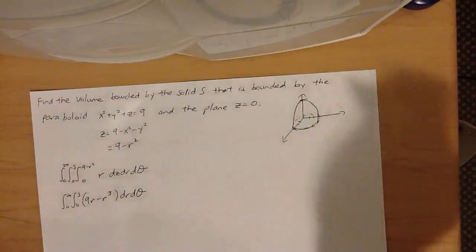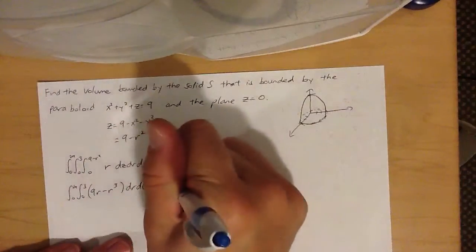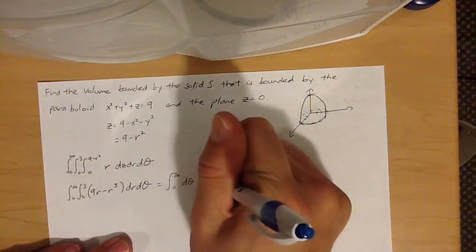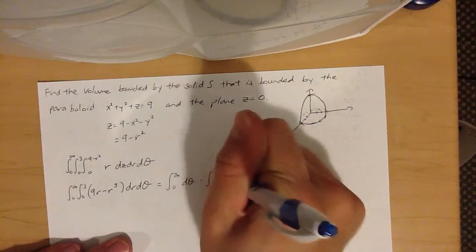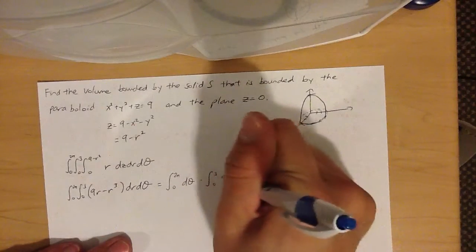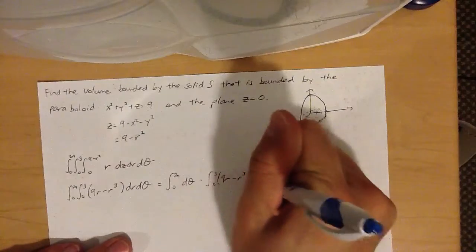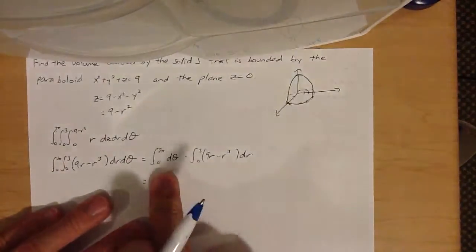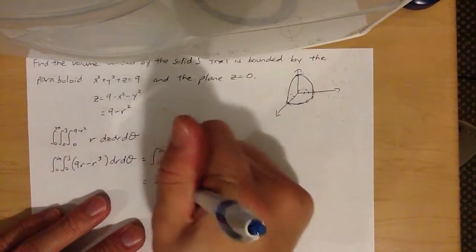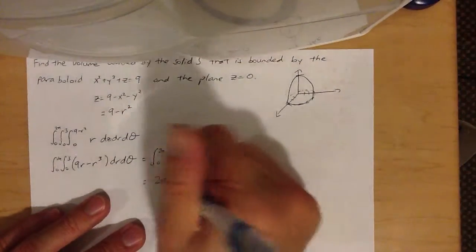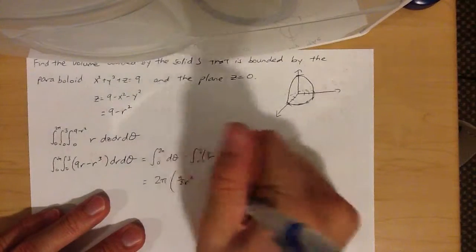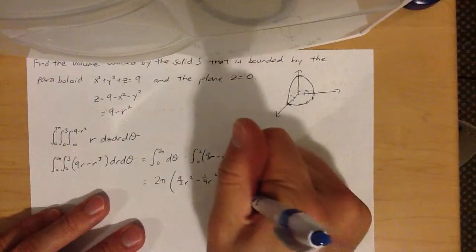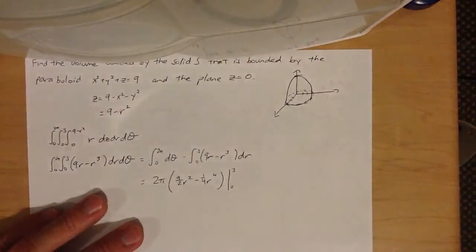If you remember your properties, you can break this up into the integral from 0 to 2 pi of d theta times the integral from 0 to 3 of 9r minus r cubed dr. This first integral is simply 2 pi. For the second integral we need to do the power rule, so 9/2 r squared minus 1/4 r to the 4th, evaluated from 0 to 3.